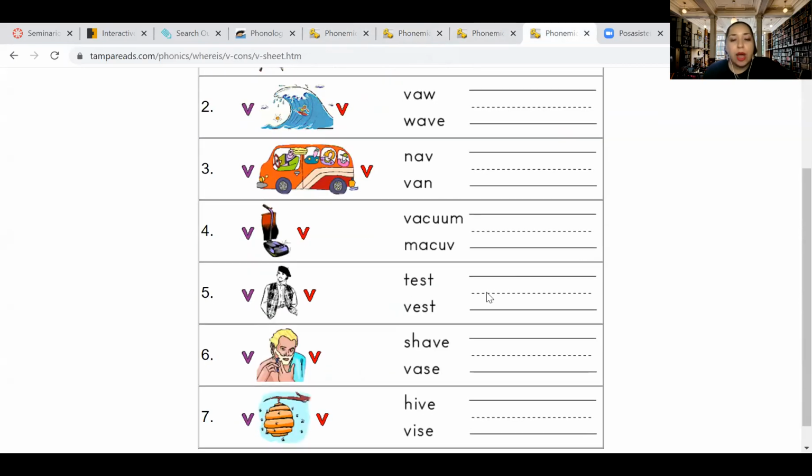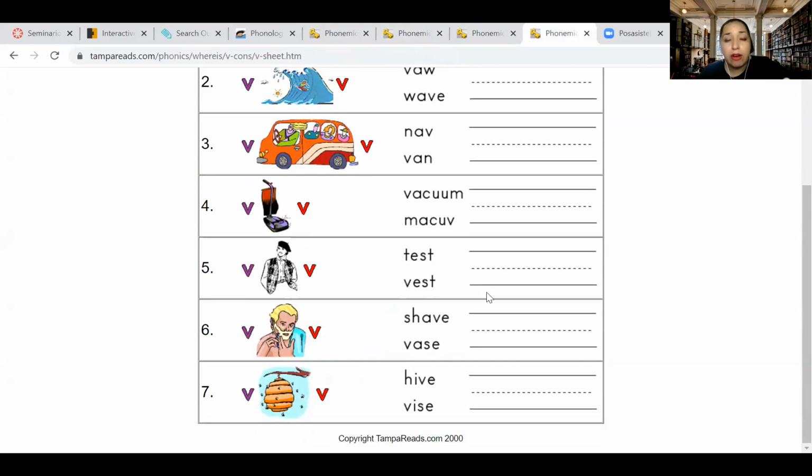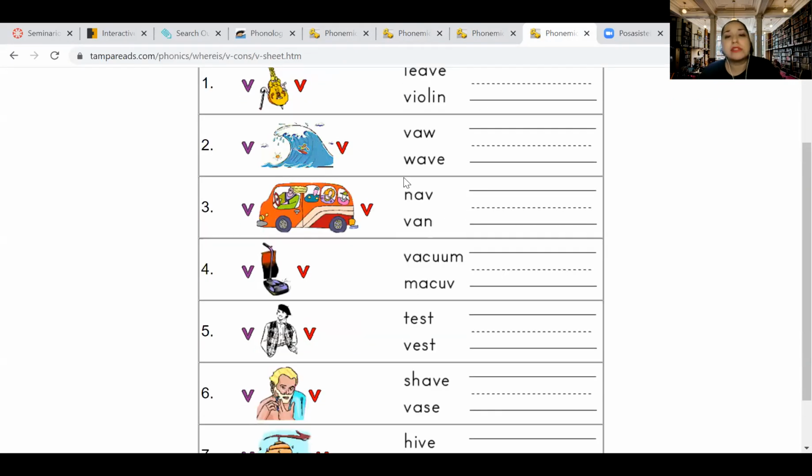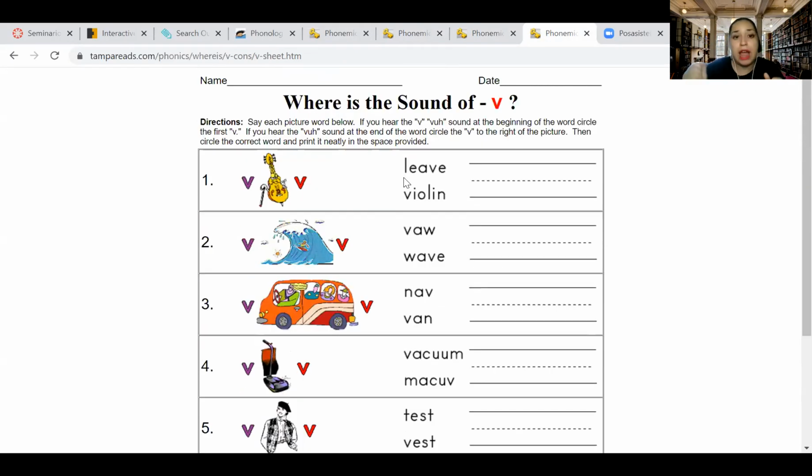So while you are at it, you are practicing vocabulary and you're practicing phonemic awareness. This is about phonemic awareness. I want you to pronounce them, even though you are writing something. My advice is for you to make the sound.